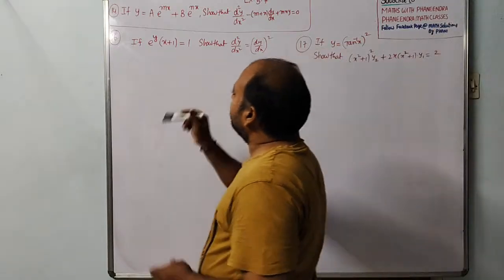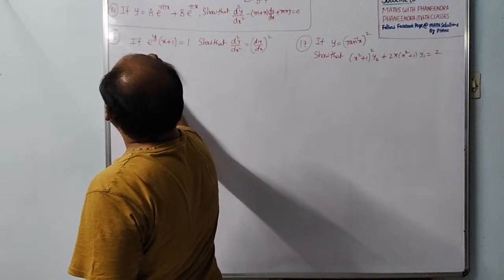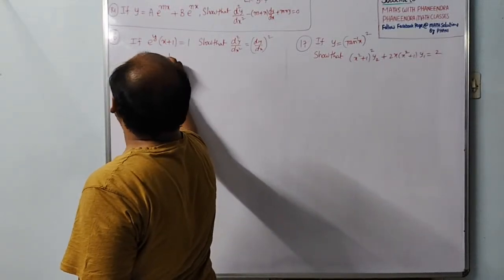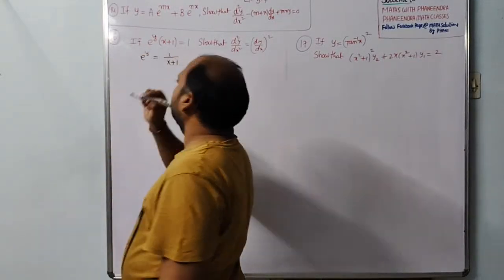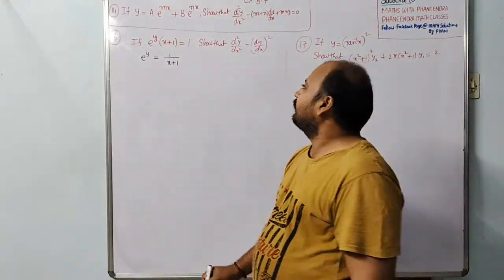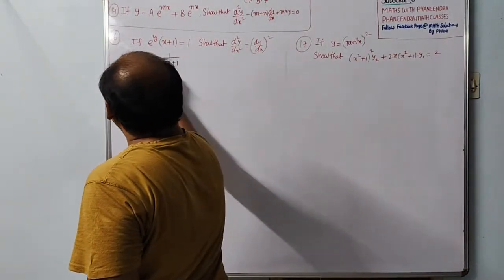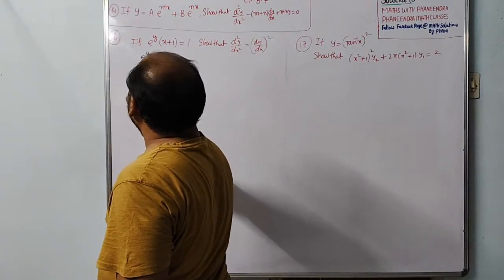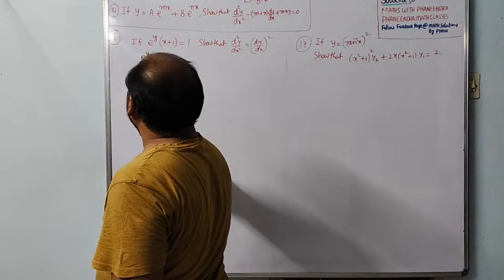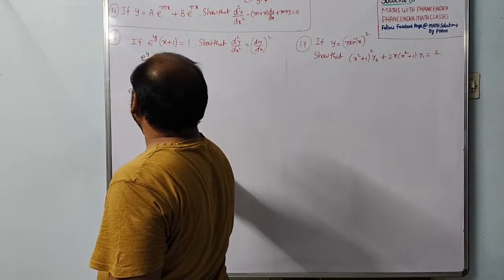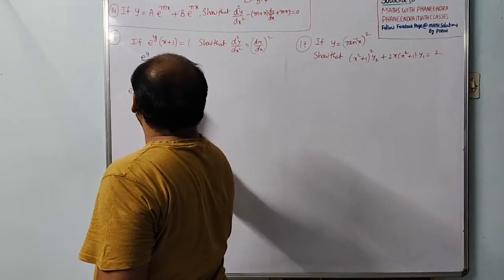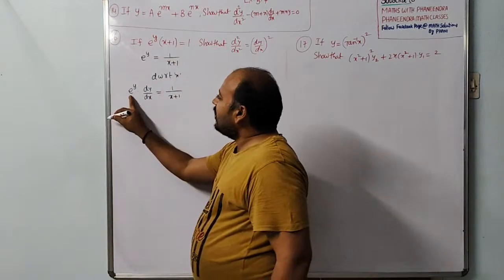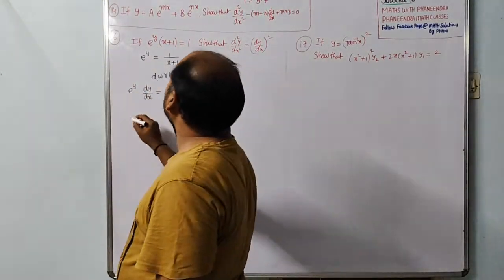See, first come to here, question number 16. So e power y is equal to 1 by x plus 1. Okay. Differentiate with respect to x. So e power y derivative is e power y. Again y derivative is dy by dx is equal to 1 by x plus 1. What is the value of e power x plus y? This one we know.